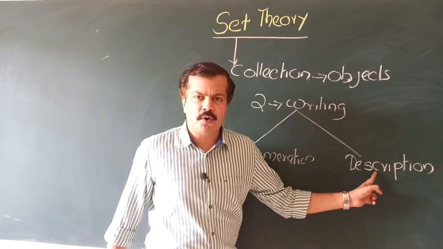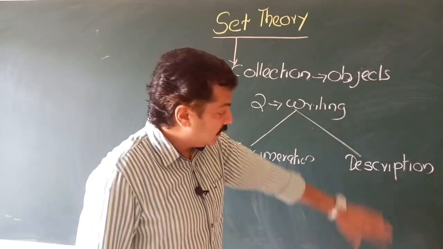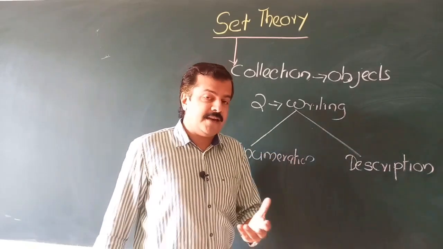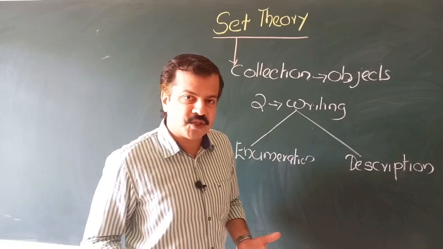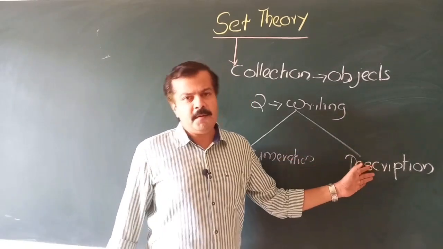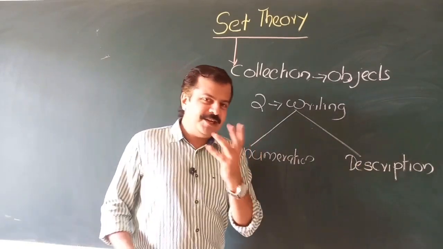Now let us explore the difference between these two methods of writing a set, because these two methods are needed for the analysis of set theory, and when we explore the types of sets and the set operations, both methods should be familiar to you. Now let us start with the most popular method, which is the enumeration method.